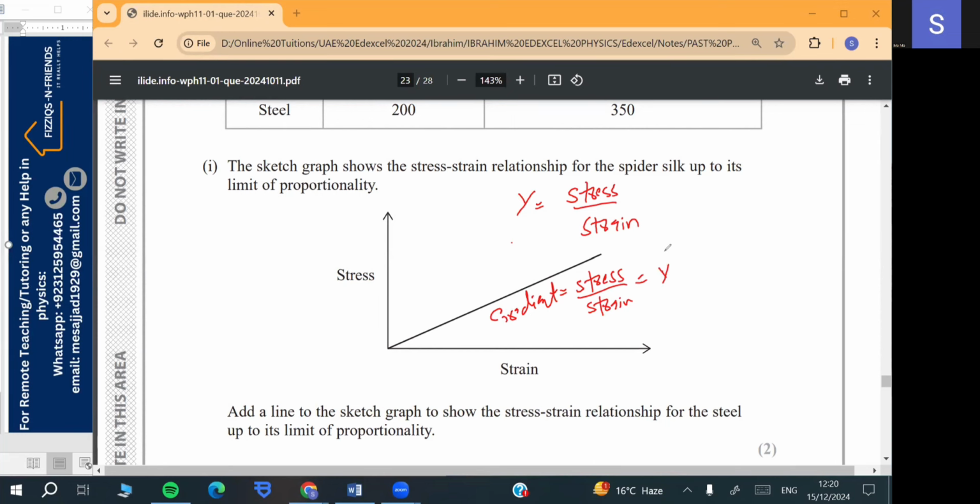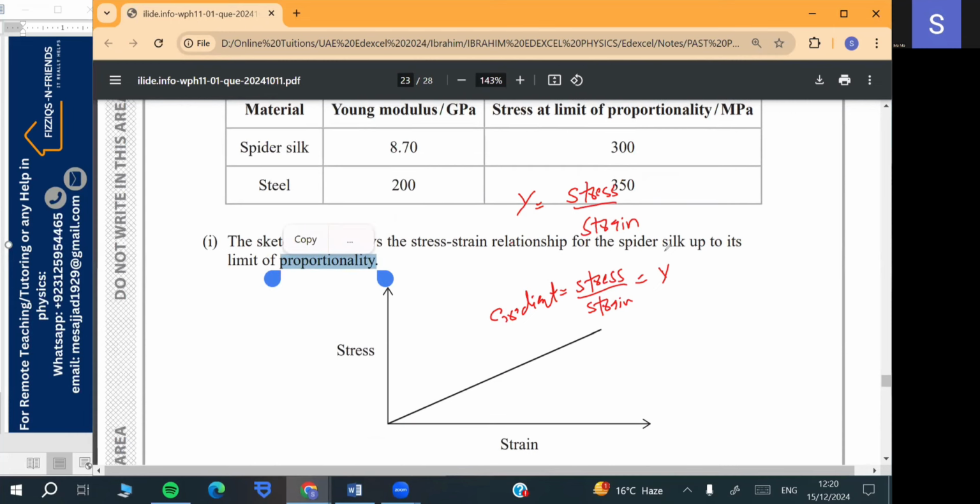You can see in the table that the Young modulus for steel is higher, so the gradient will be steeper. Also, the stress for steel is more. If this value is more and this value is more, of course the gradient will be more.